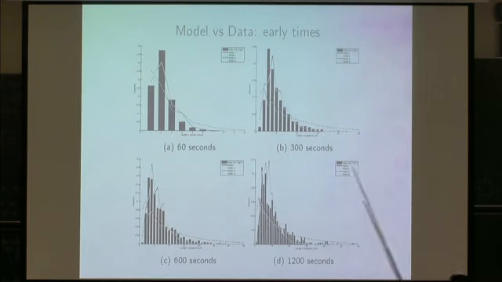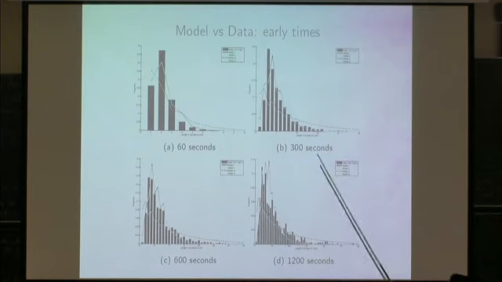So what we observe now is, up to 20 minutes, the models having a size-dependent probability represent the data pretty well. However, we start to see a little problem when we have longer filaments, which they totally miss.